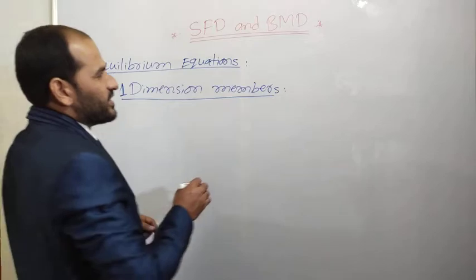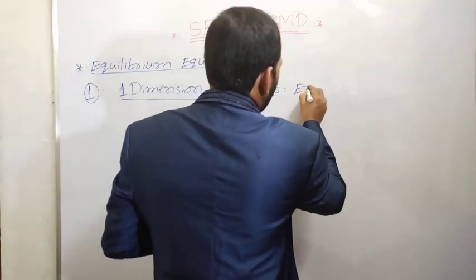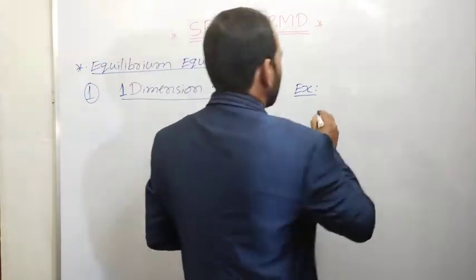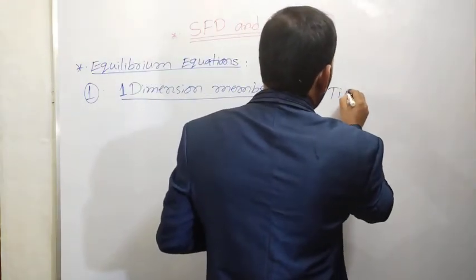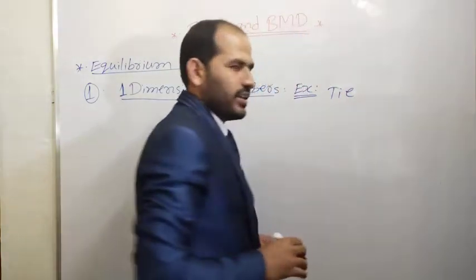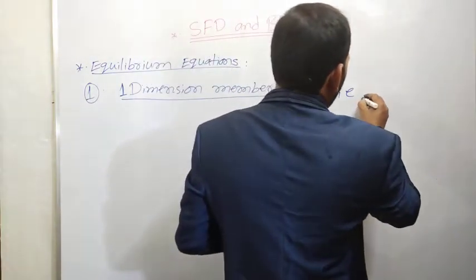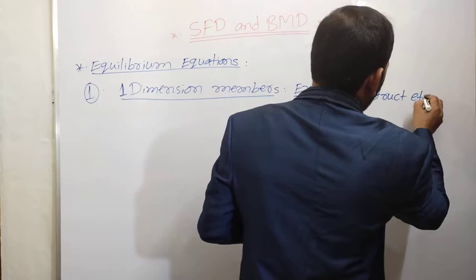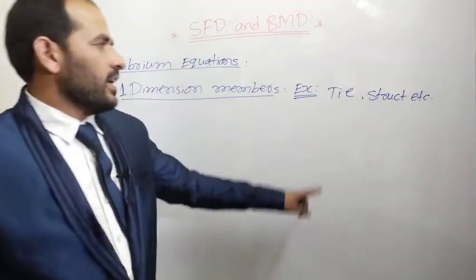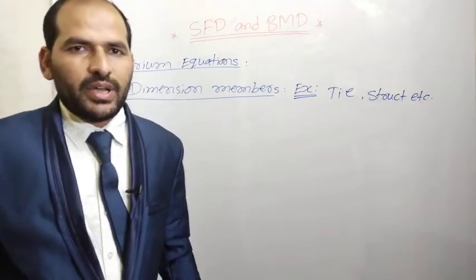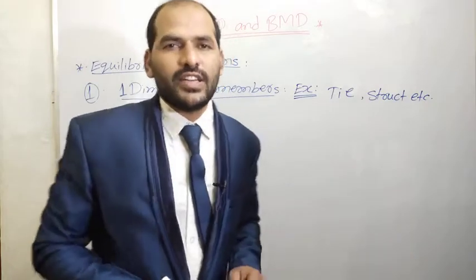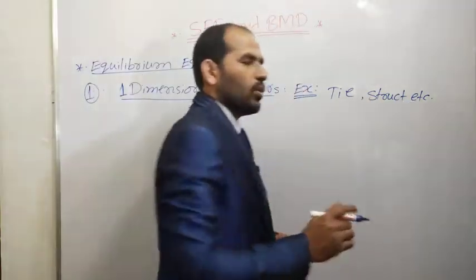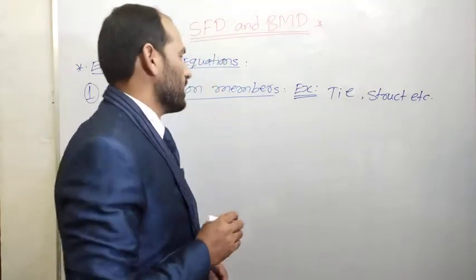What is an example of a one-dimensional member? The examples of one-dimensional members are a tie and a strut. A tie is a tension member and a strut is a compression member. So the tie and the strut are both one-dimensional members.